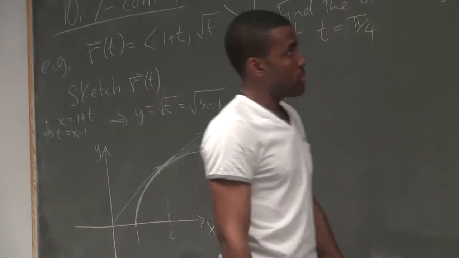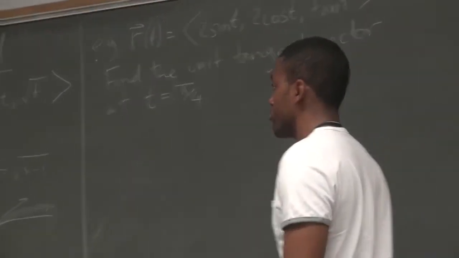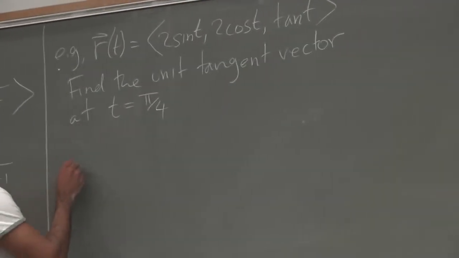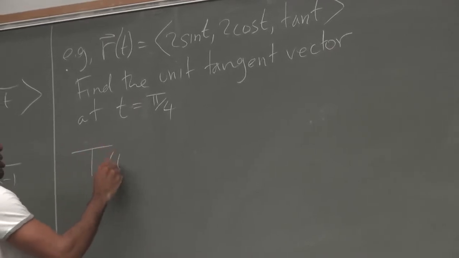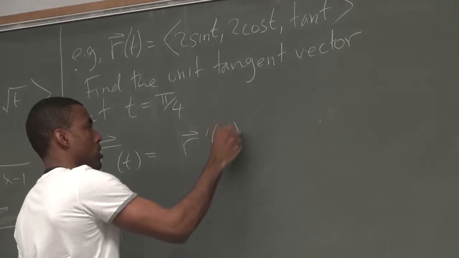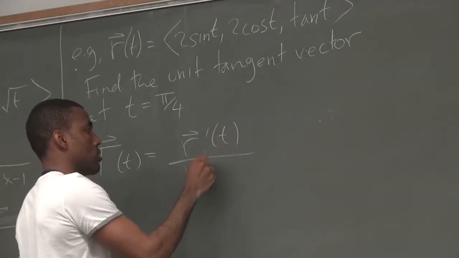How do you find the unit tangent vector? We know that big T is called the unit tangent vector. It's actually just the derivative over its magnitude.